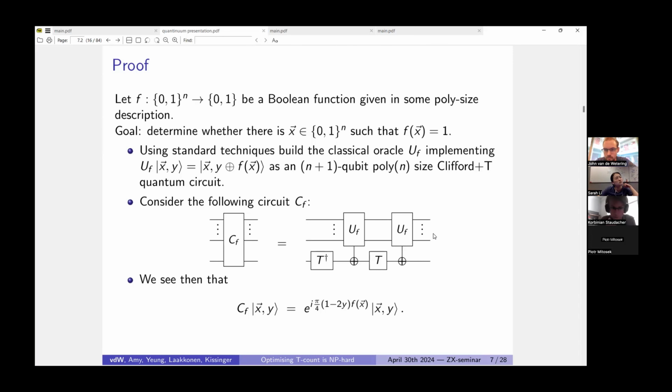I'm not sure that's what I was asking, but if it's indeed the case that optimizing CNOT count is already NP hard, then of course this doesn't hold.